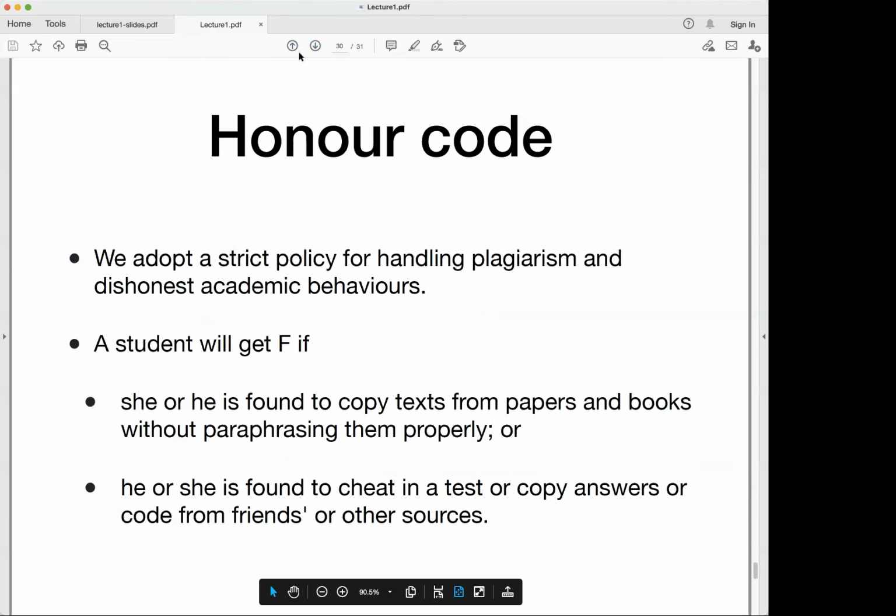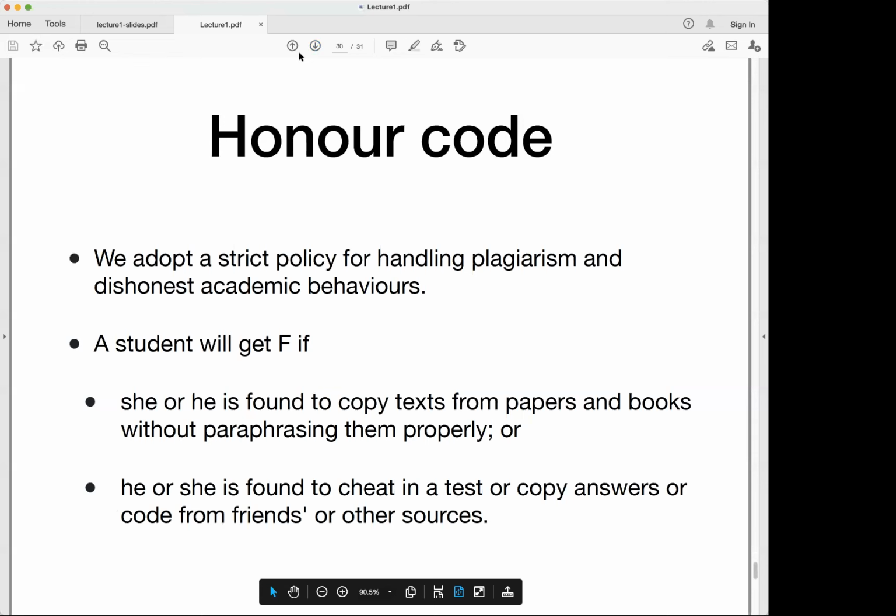Throughout the course, we will adopt a very strict policy for handling violations of the honor code. Honor code means do not cheat. Especially now that you are graduate students, you have to be extremely careful about so-called plagiarism.